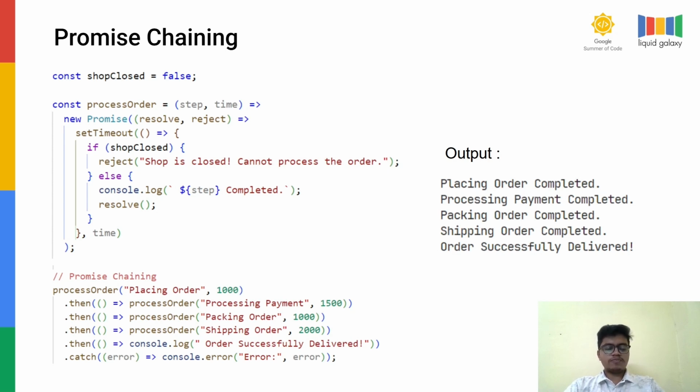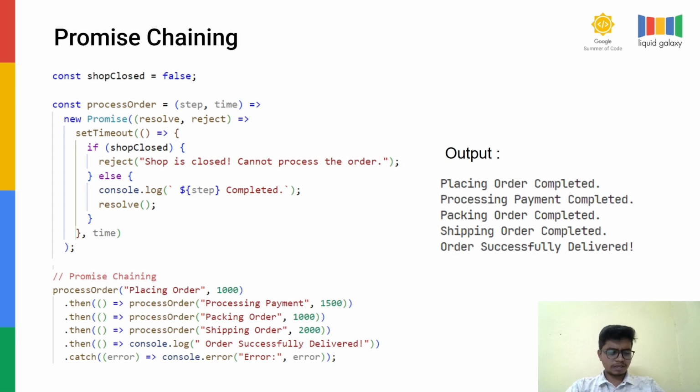So this settlement function is executed according to the time we passed. If shopClosed is true, the promise gets rejected with the value "shop is closed, cannot process the order". And if shopClosed is false, it will print the step completed and resolve the promise.